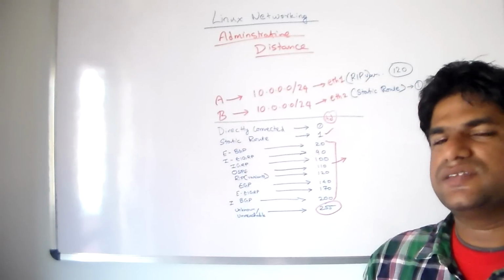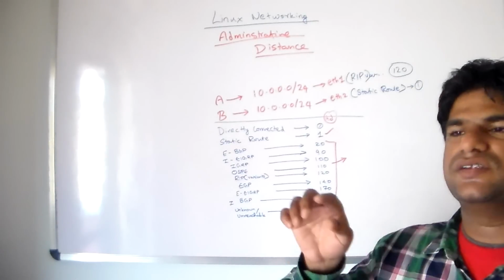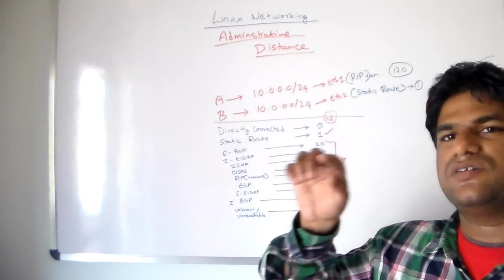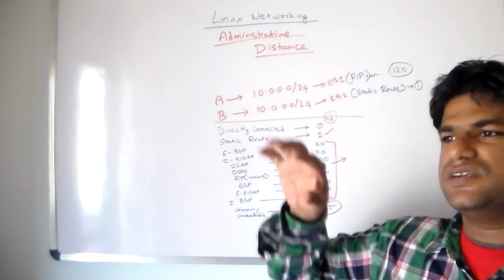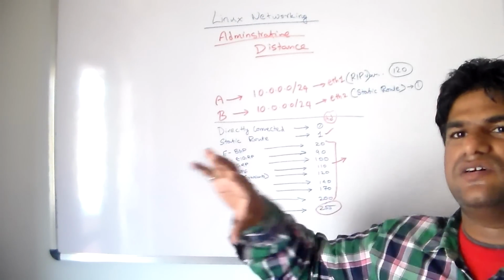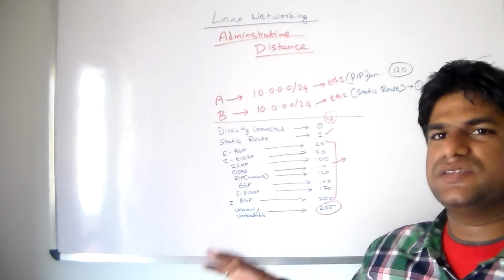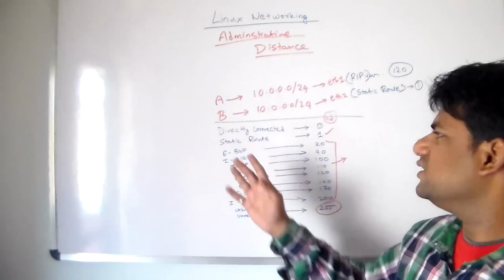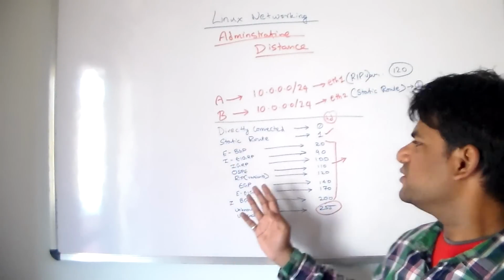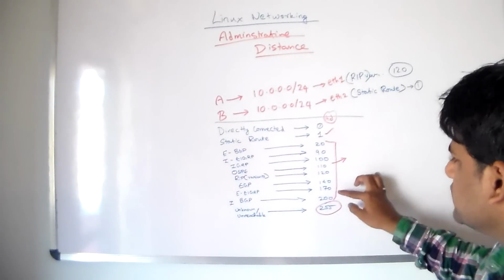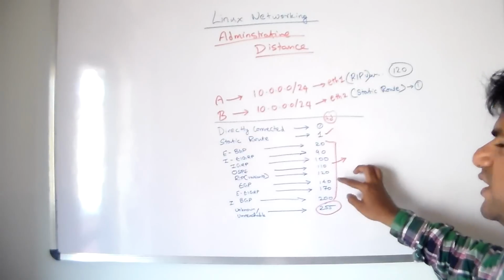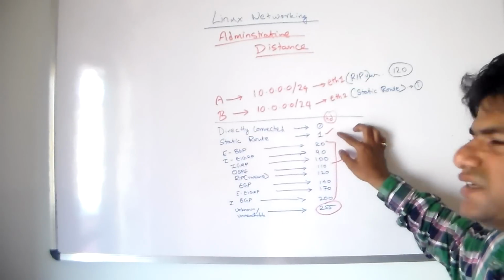Instead, they are learnt dynamically, and each router broadcasts that to the subsequent routers, and eventually all the routers will be aware of which way to forward the packet. So that's the major advantage of using any kind of dynamic routing protocol. The administrative distance for all these protocols will have a different weightage compared to a static route.